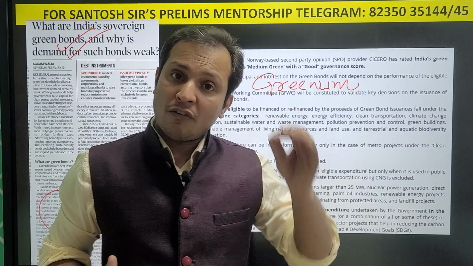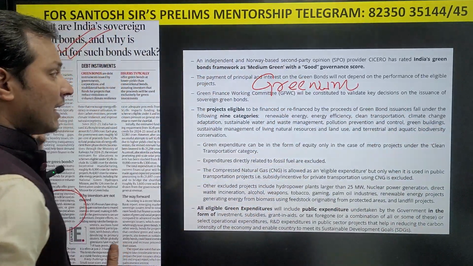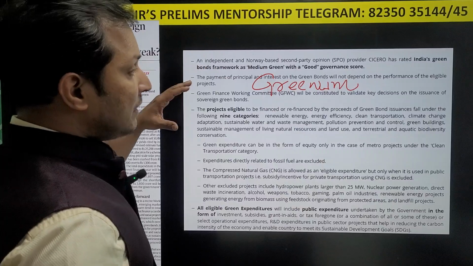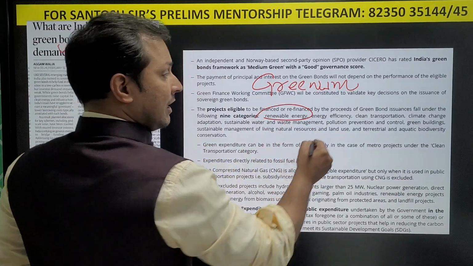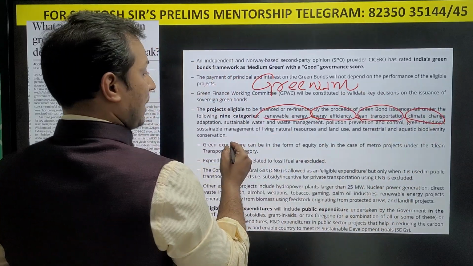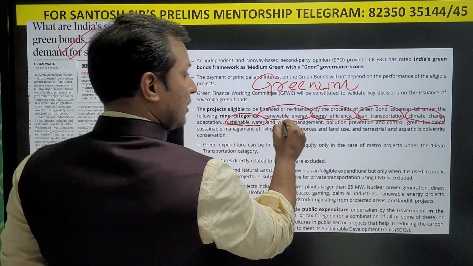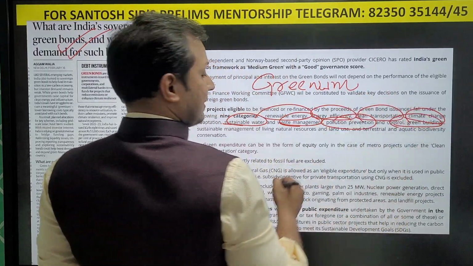As per the sovereign green bond framework of India, the money will be used for projects like renewable energy, energy efficiency, clean transport, climate change mitigation and adaptation, sustainable water, waste management, pollution prevention, green buildings, etc.